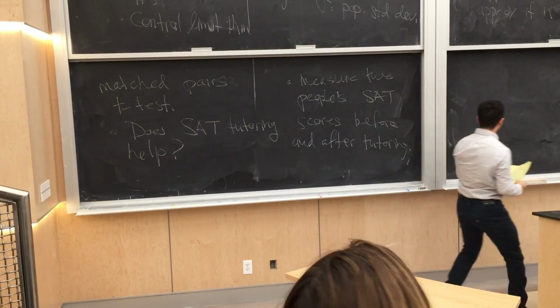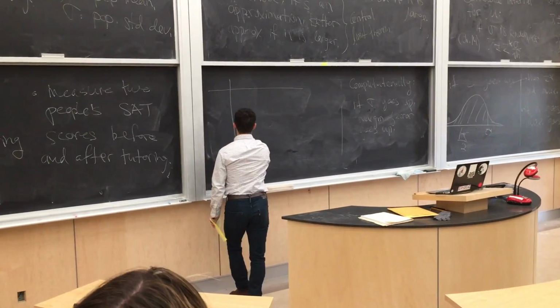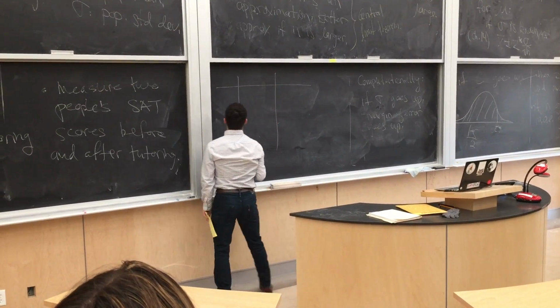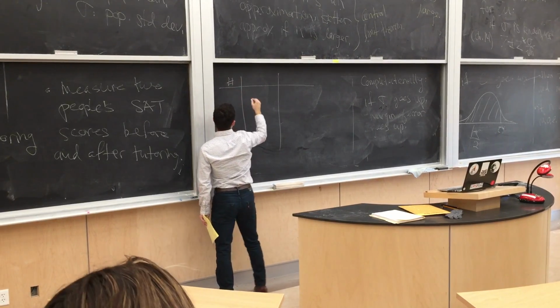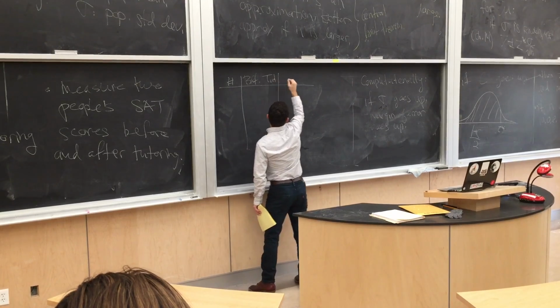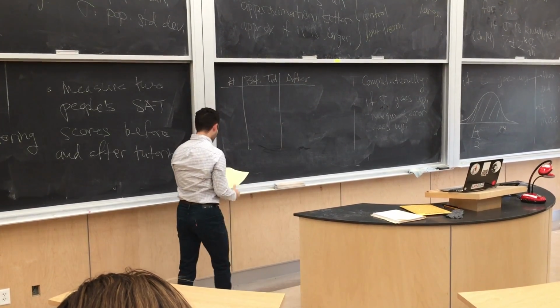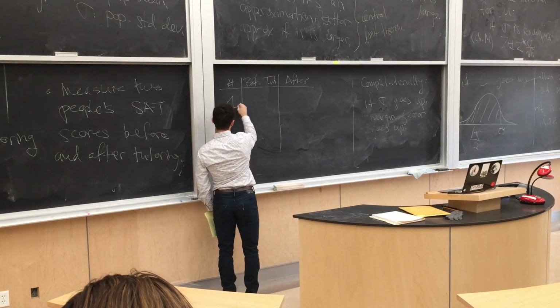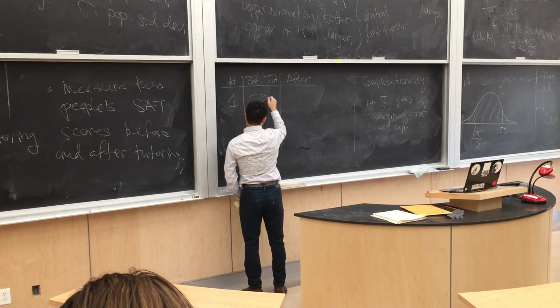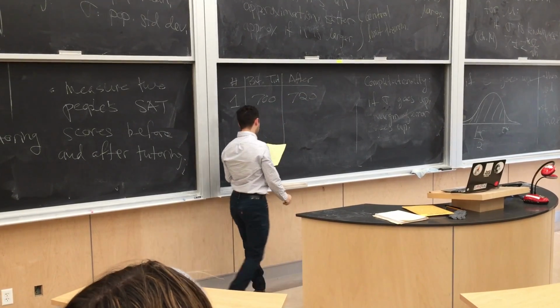So that gives us a table like this. Here's before tutoring, after tutoring. Let's say student 1 got 700 the first time and 720 the second time.